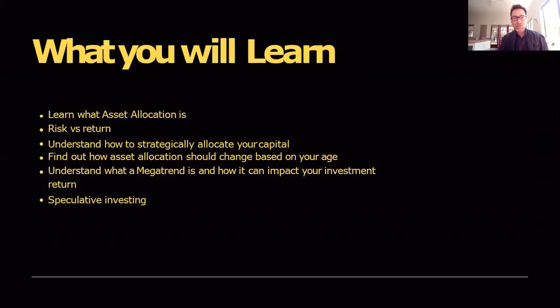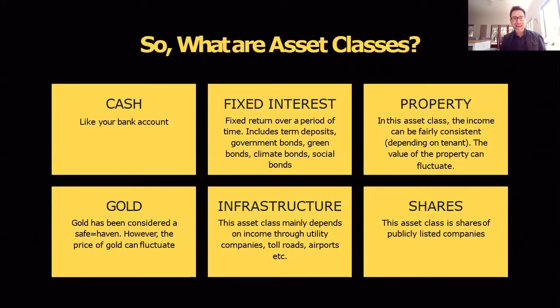And so, what is an asset and an asset class? Essentially, it's just a type of investment vehicle. And there are 5 to 6 main different types of asset classes. As you can see here on the screen: cash, fixed interest, property, gold, infrastructure, and shares.